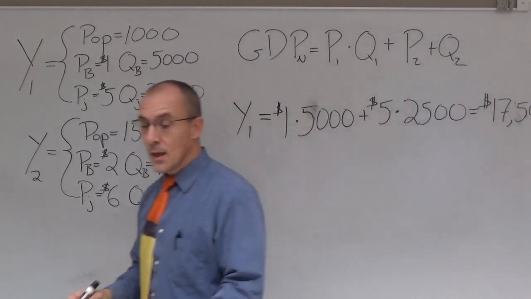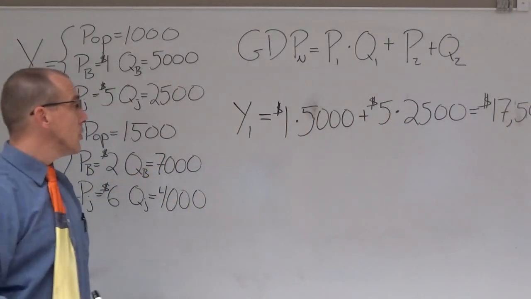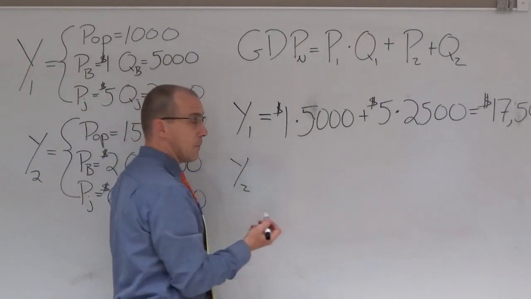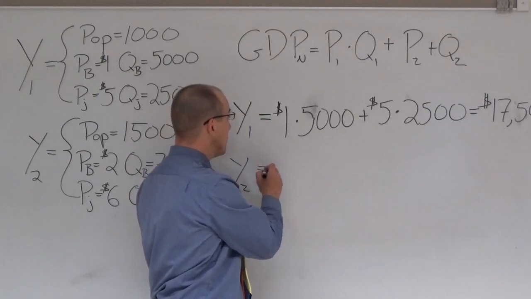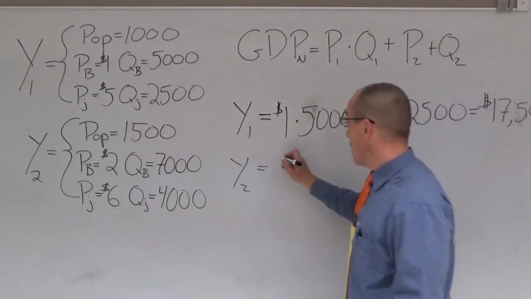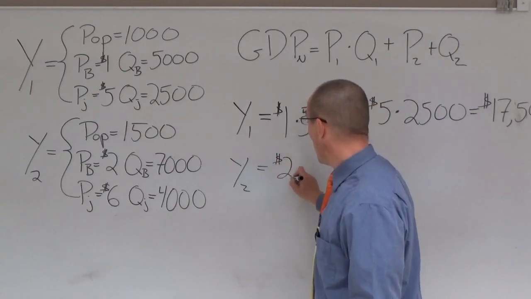Pretty simple. Now, if I want to talk about year two, I do the same thing again. Year two, nominal, would be, well, in this case, the price of a box of spaghetti has gone up to $2, so it would be $2.